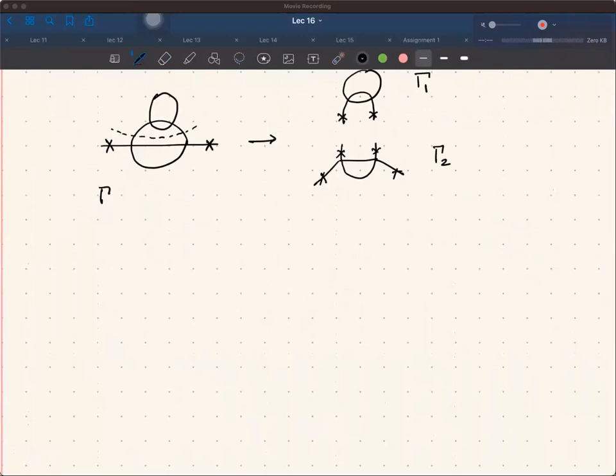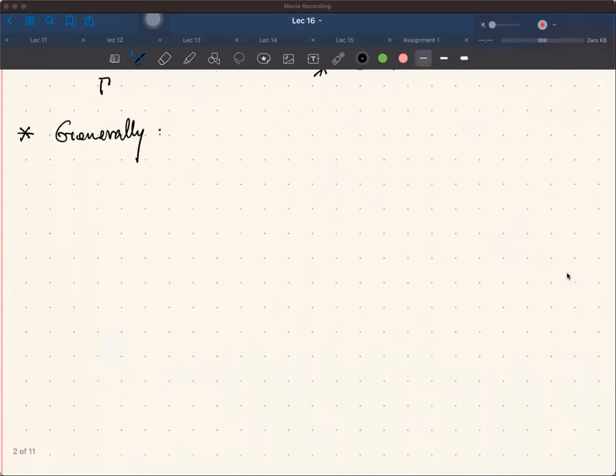Now, generically, here is something that one can write down about the subgraphs. Suppose we have gamma 1 and gamma 2, which are connected by r propagators like this.